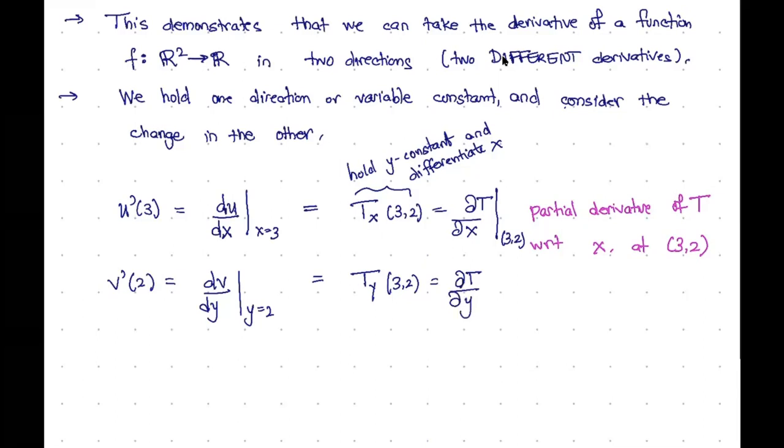So partial T partial y, at the point (3, 2), is the partial derivative of T with respect to y at the point (3, 2).